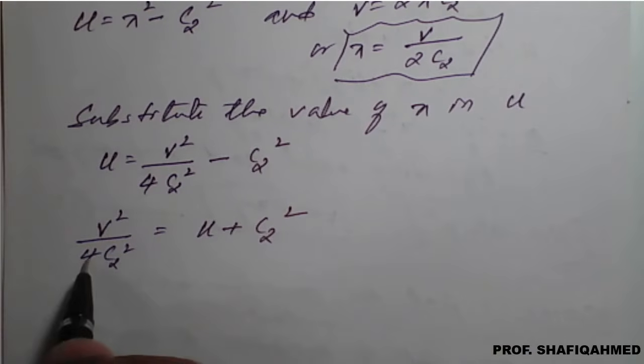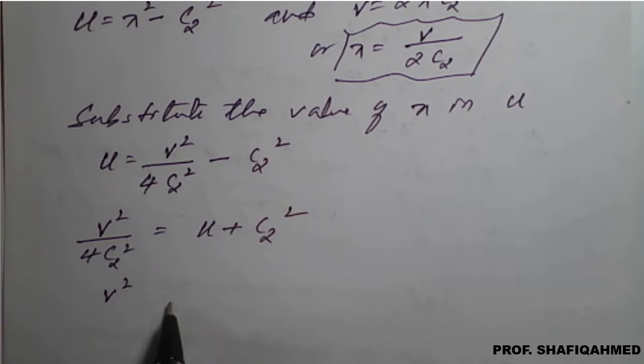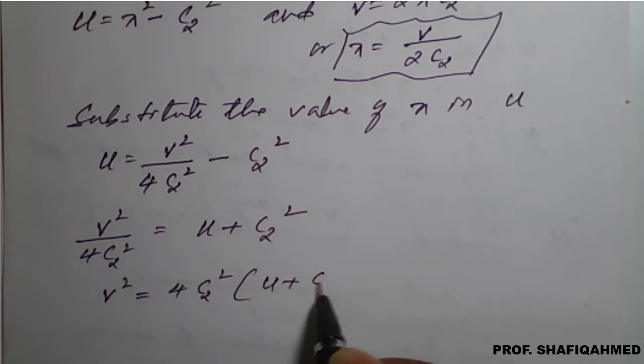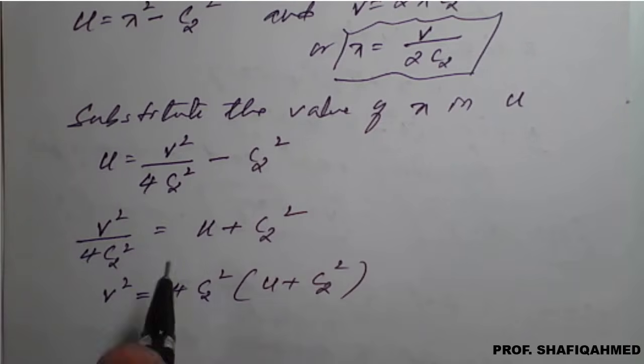Or cross multiply 4c2 square to the right hand side, so v square is equal to 4c2 square into u plus c2 square.